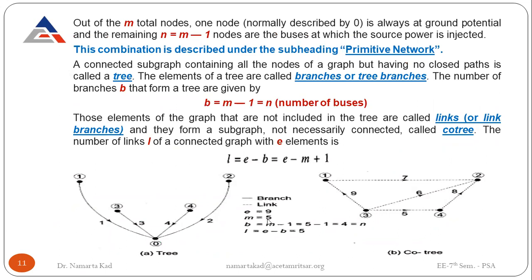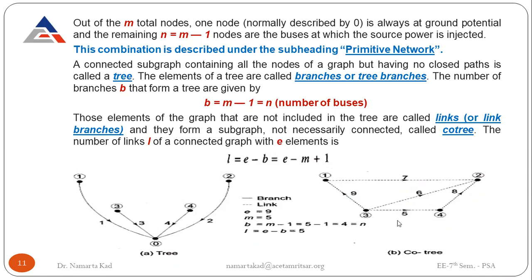M equals 5, that is the total number of nodes including one reference node. B equals the number of branches, that is M minus 1, 5 minus 1 equals 4, which is equal to the number of buses. And L equals the number of links, that is E minus B. E is 9 and B is the branches, so 9 minus 4 comes out to be 5.